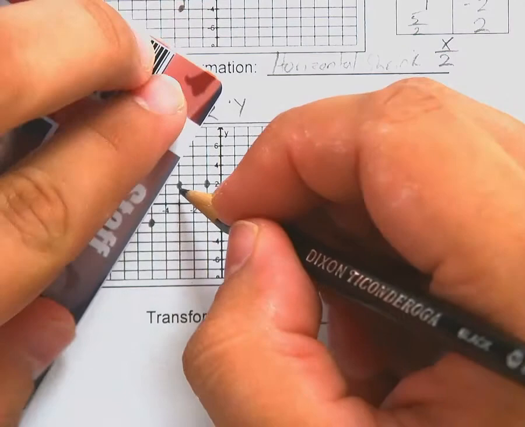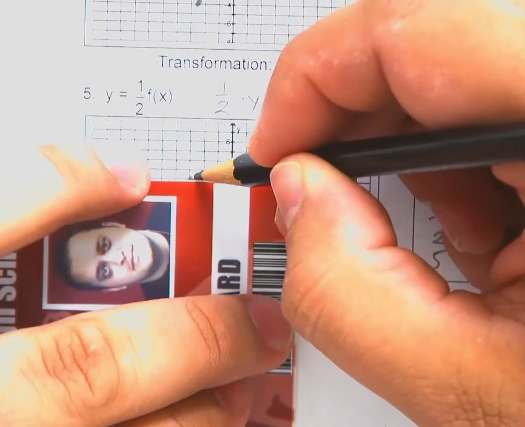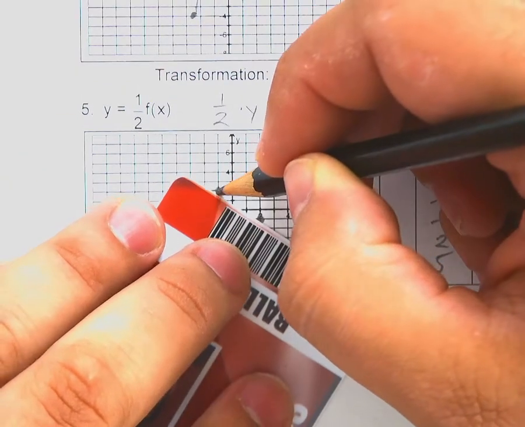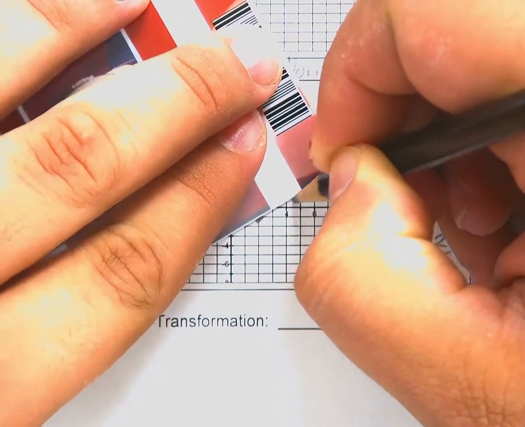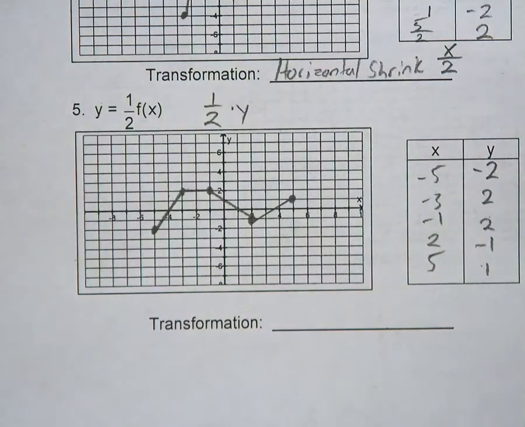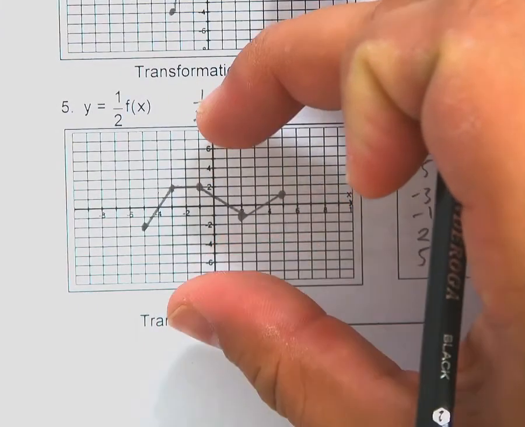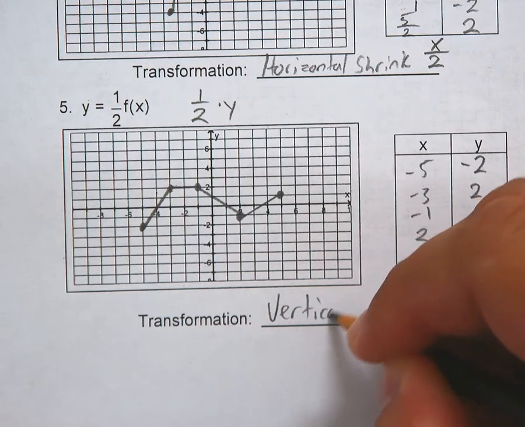So now, once we connect these, what we see here is that the shape is the same width as it was before. It's just that now it's much shorter, vertically that is. It's like we took this whole thing and compressed it. We shrank it vertically. So we're going to call it a vertical shrink.